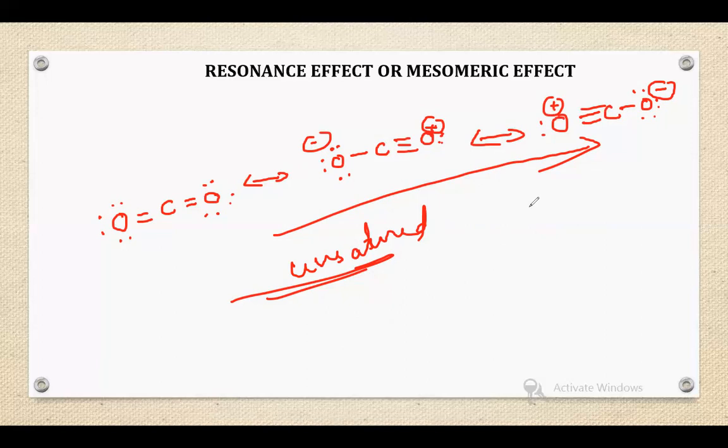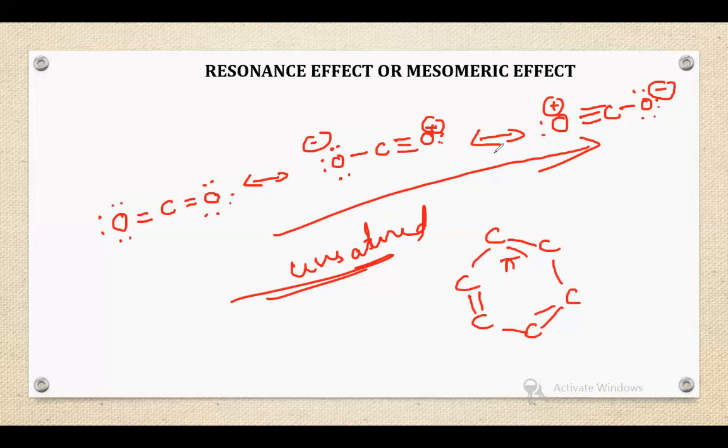In benzene, there are alternate double bonds: carbon, carbon, carbon, carbon, carbon, carbon, with alternate double bonds here, here and here. These double bonds have pi electrons, and here we have the delocalization of pi electrons.